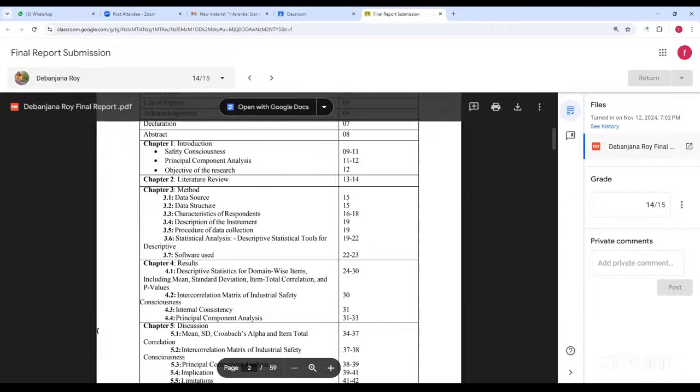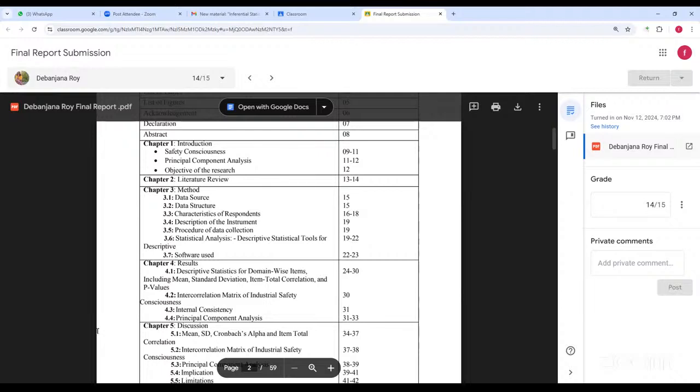Next is the statistical analysis. It is written descriptive statistical tools. Keep in mind that here descriptive means you have to write the frequency and percentage instead of the mean, SD, etc., because here your data is non-metric.